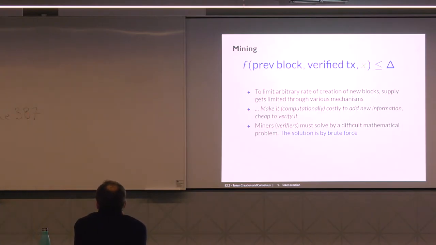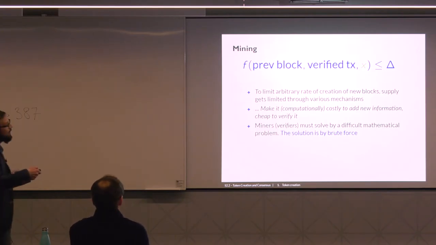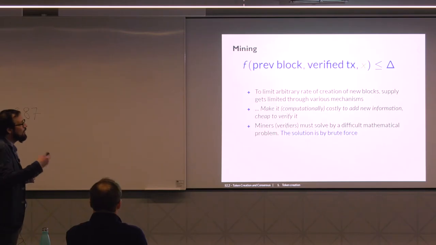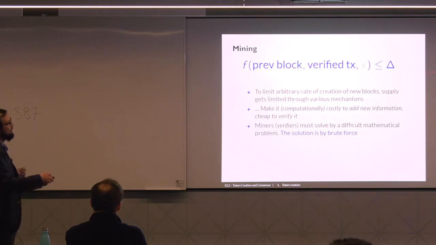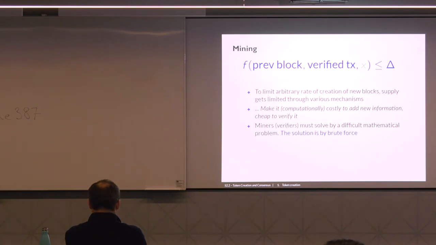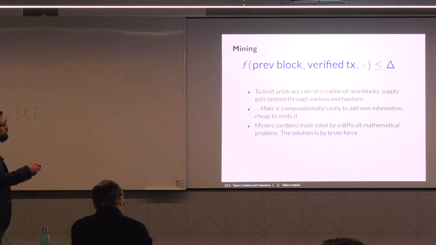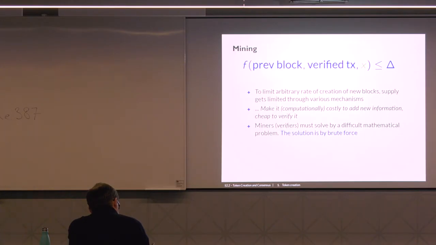In the specific case of Bitcoin, this means applying a highly nonlinear function which has basically a few parameters. The three most important are the ones that I am explaining in this equation that I'm going to describe in a second. And the result of applying this function with these three parameters has to be smaller than a particular threshold.